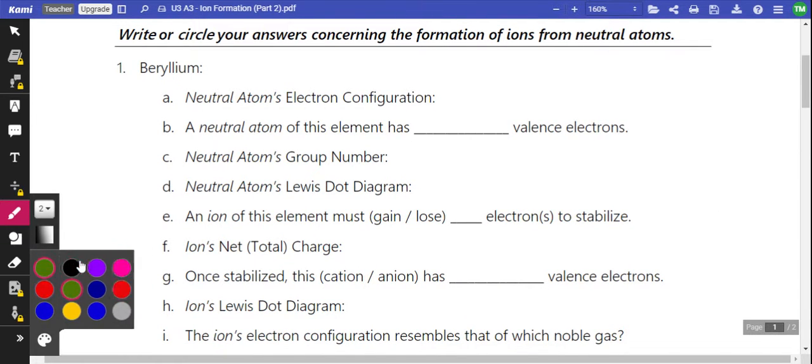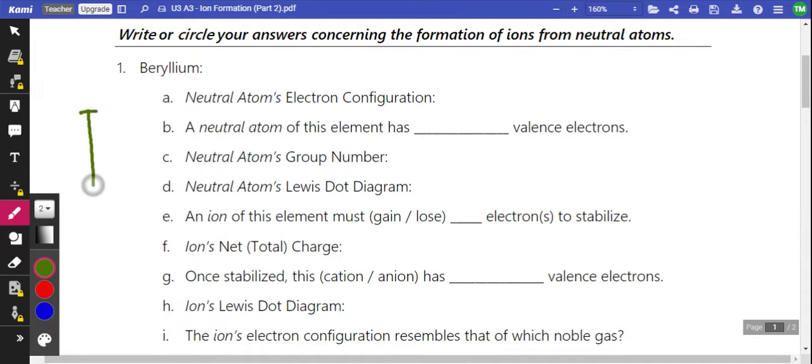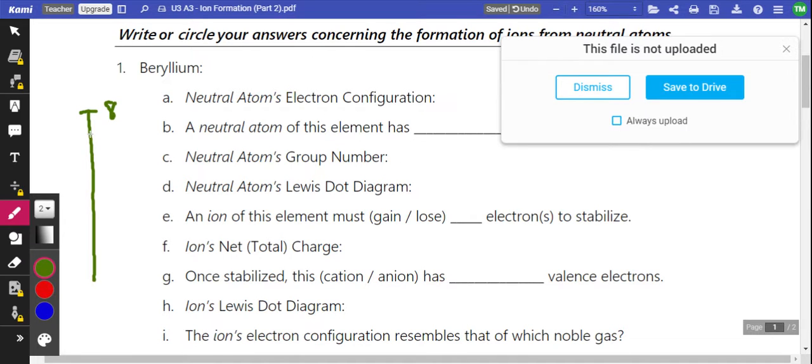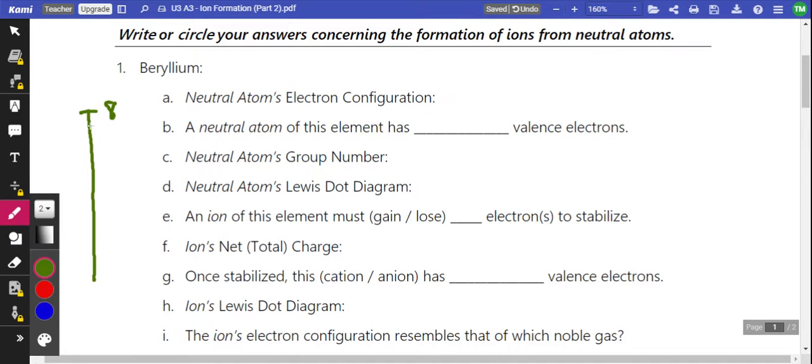So let's take the shortcut. I'm going to draw up my scale here. Either get to 8 valence electrons by gaining or losing electrons. So 8, 7, 6, 5, 4, 3, 2, 1, 0, 8, 7, 6, 5, 4, 3, 2, 1.